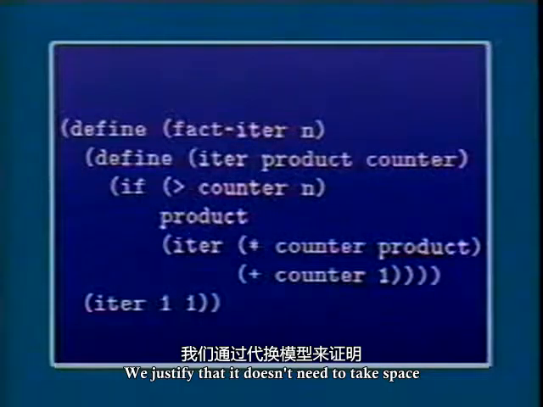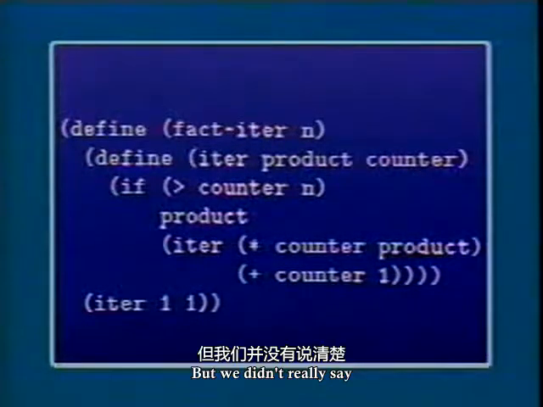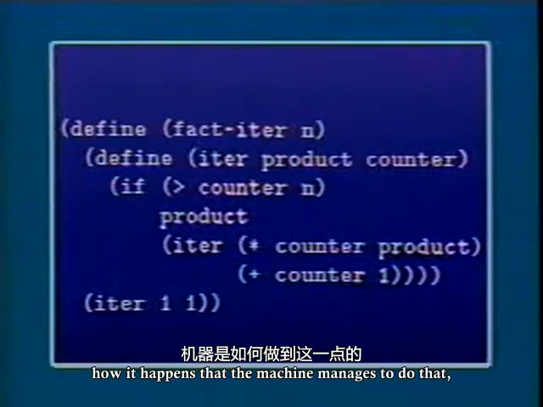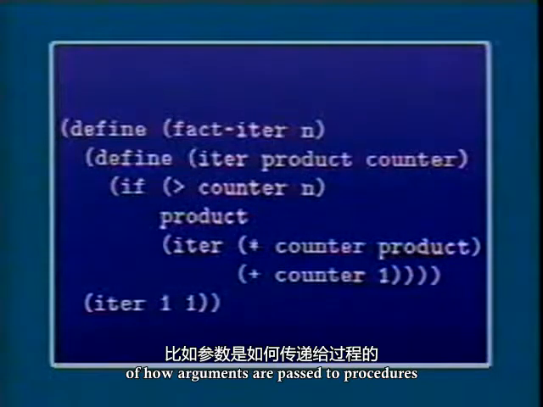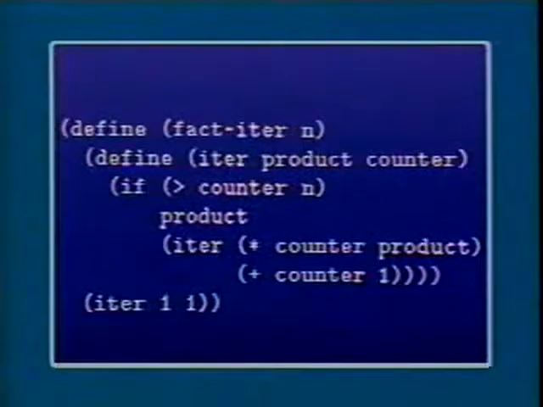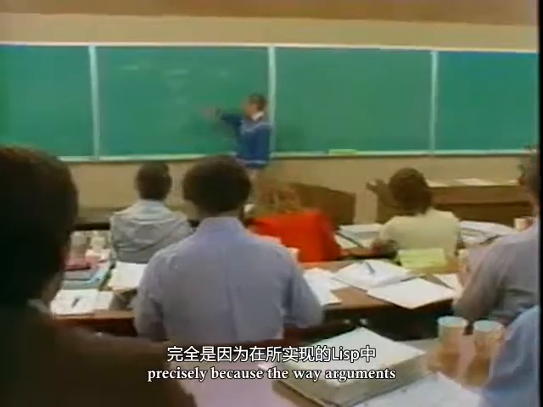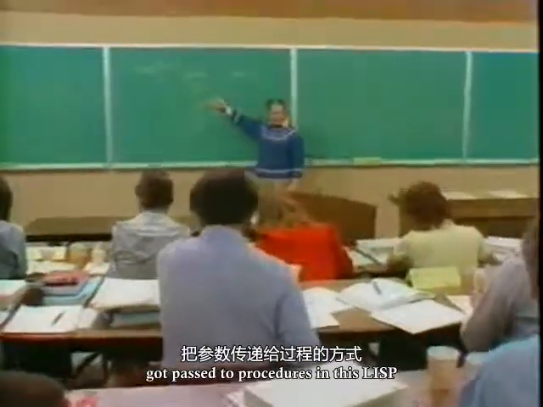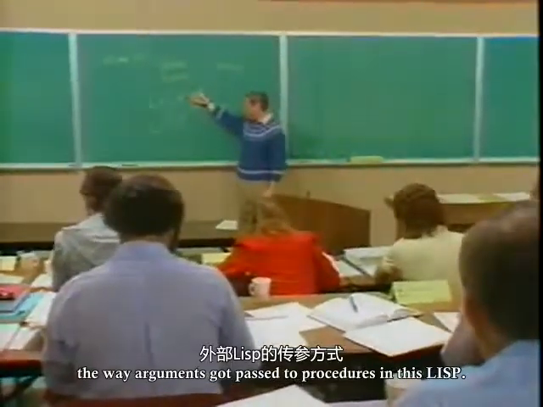We justified that it doesn't need to take space by showing the substitution model, but we didn't really say how it happens that the machine manages to do that. That has to do with the details of how arguments are passed to procedures. And that's the thing we didn't see in the metacircular evaluator, precisely because the way arguments got passed to procedures in this Lisp depended on the way arguments got passed to procedures in this Lisp.